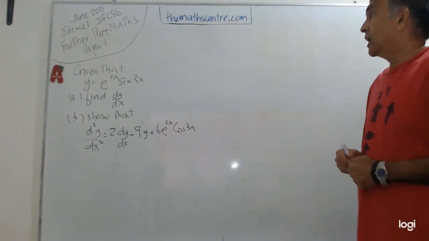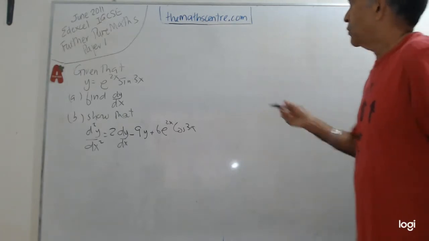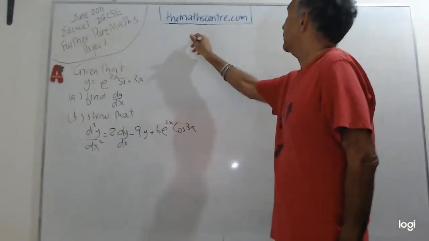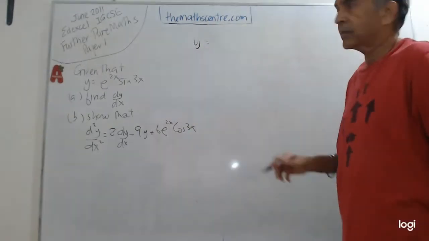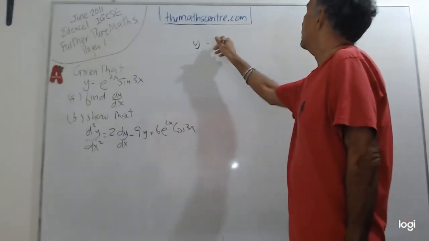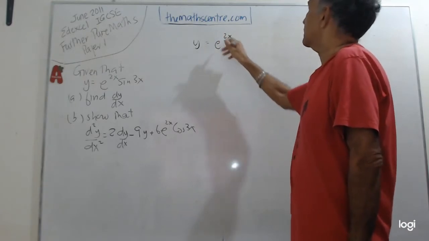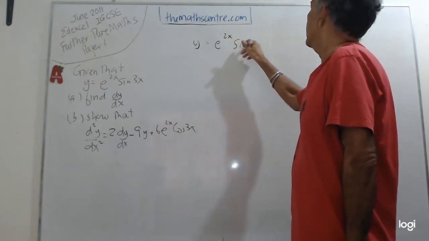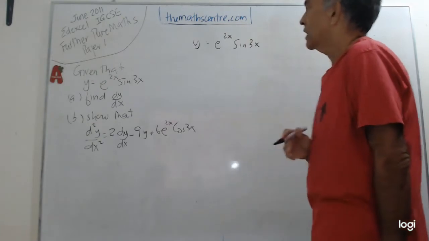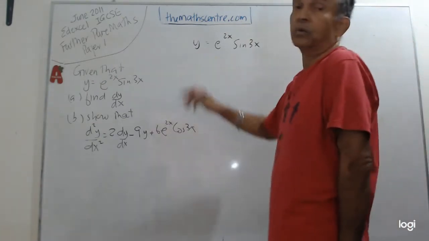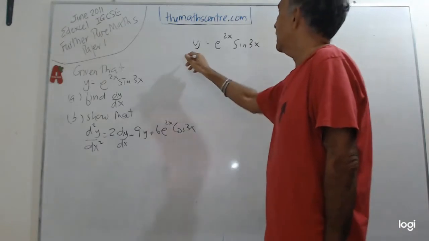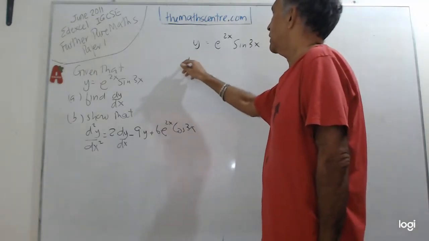In this question, let's handle part A first. We are given that y equals e to the power of 2x sine 3x, and we are asked to find dy/dx. Let's do that. We'll use the UV rule and all the formulas that we know.